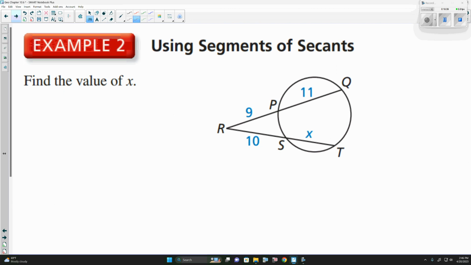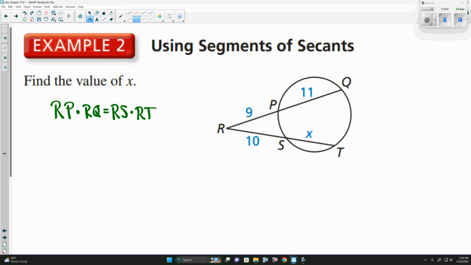So if we look at this here, this first one, we're finding the value of x. So what the theorem states for this here is that RP, the external segment, times the whole, RQ, is equal to the external segment, RS, times the whole, RT.